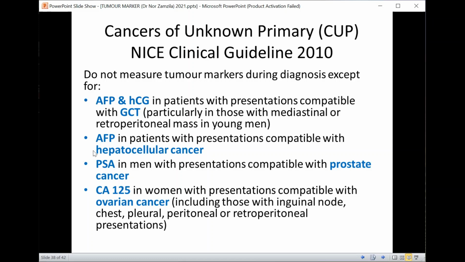Or AFP in patients with presentation compatible with hepatocellular cancer, PSA in men with presentation compatible with prostate cancer, CA125 in women with presentation compatible with ovarian cancer. So basically, they do not suggest doing tumor markers for cancers of unknown primary unless there is some presentation related to that tumor.